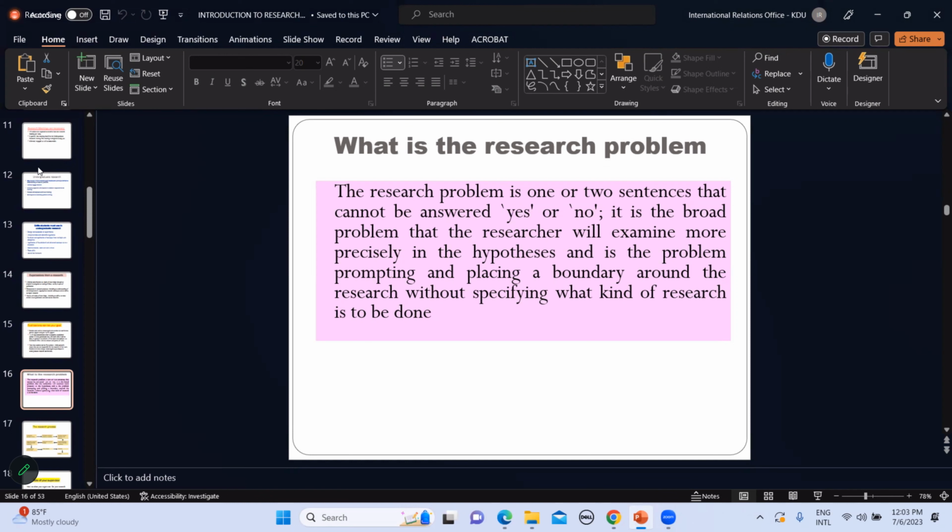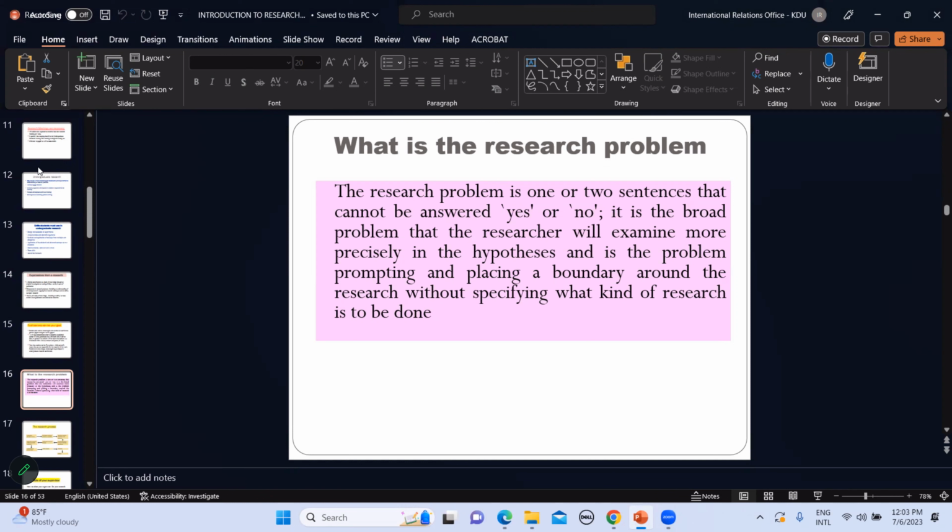The research problem is one or two sentences that cannot be answered yes or no. It is the broad problem that the researcher will examine more precisely in the hypothesis. Hypothesis means, in Sinhala, Siddhante. The problem places a boundary around the research without specifying what kind of research is to be done.